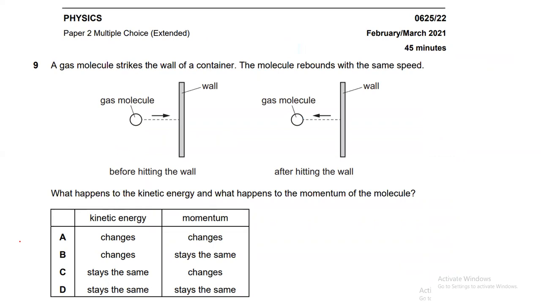He says a gas molecule strikes the wall of a container. The molecule rebounds with the same speed. So here you have that gas molecule and it collides with the wall. The gas molecule rebounds; this is before hitting the wall, this is after hitting the wall.